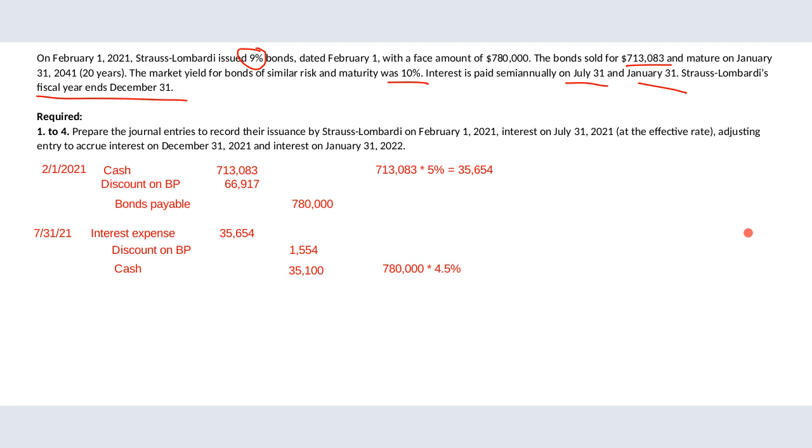So plus the difference, which is 1,554. Now, Professor, the discount on bonds payable should be just 554. Oh, where did I get the extra 1,000? Thank you. No problem.